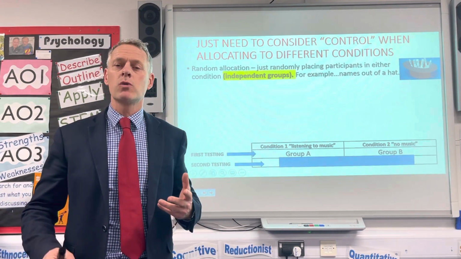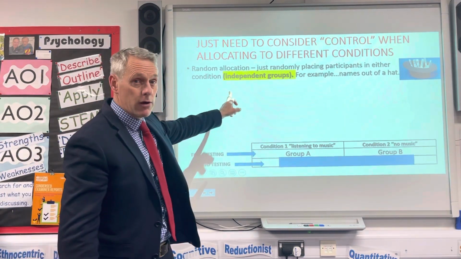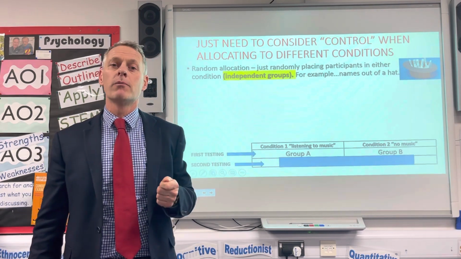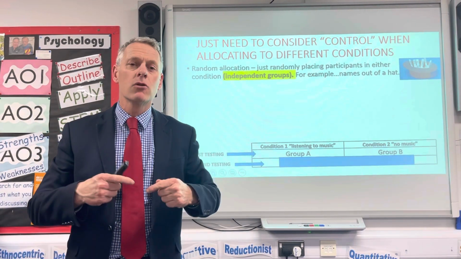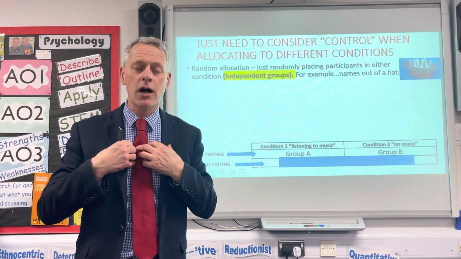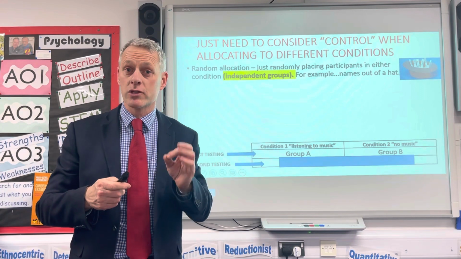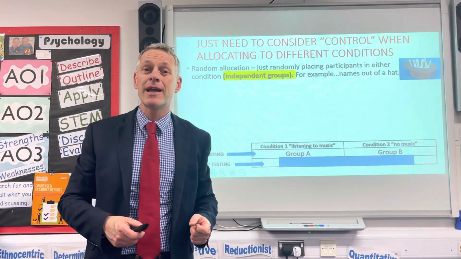Random allocation is, well, if we've got two conditions, okay, and we're talking here about independent groups, how do I place my participants into either of those conditions? Well, random allocation means I can't influence it as the investigator. There cannot be researcher bias. It's the most simple way. Look at the picture, names out of a hat.